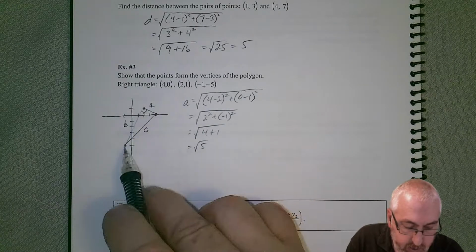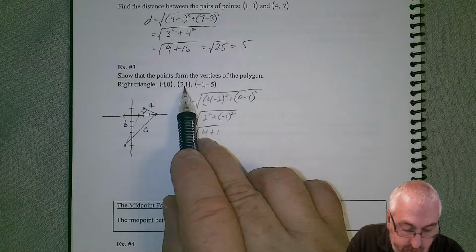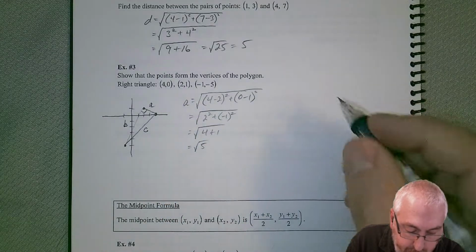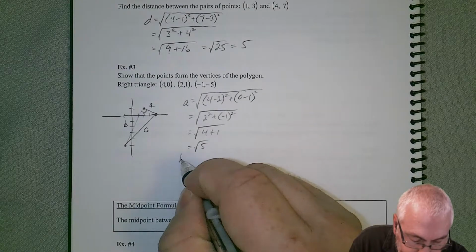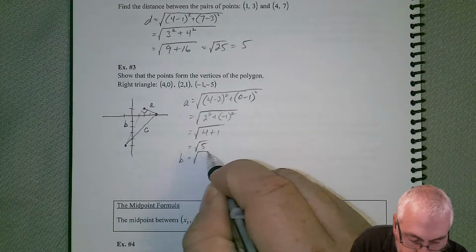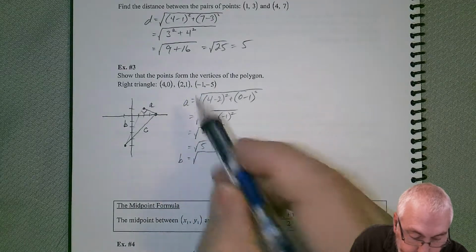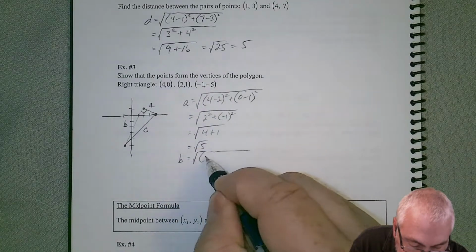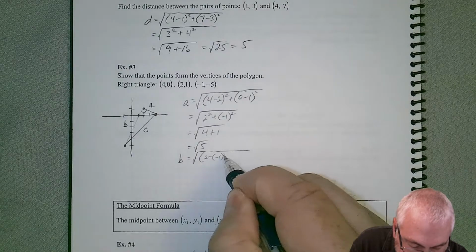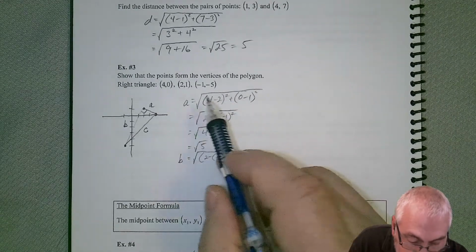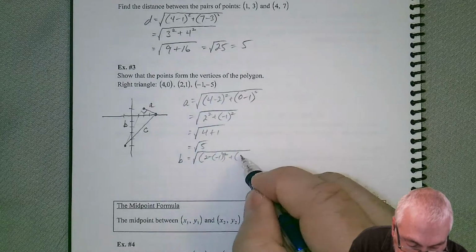So B, so now we want our 2nd point and our 3rd point for side B. I'll see if I can squeeze it in down here. So B, so these 2 points. So 2 minus, and be careful of those negatives, and then 1 minus a -5.